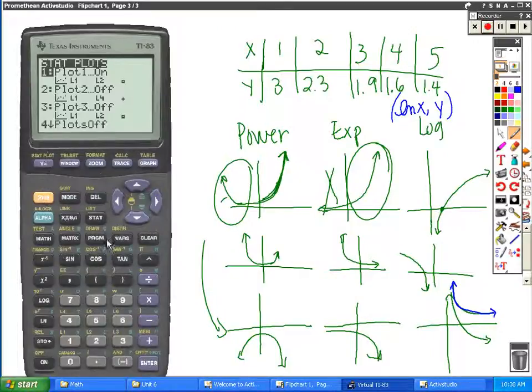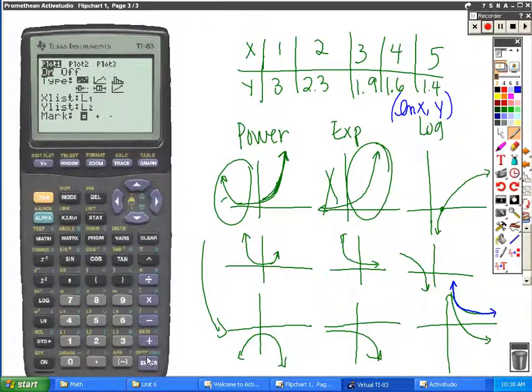So I'm going to go second stat plot. It's on, but I'm dealing with ln x, and ln x is in L3, and my y is in L2. It's already there. So let's look at my graph. Alright, I am a little further out of my window than I need to be, but did I get a straight line here? I did get a straight line. Therefore, I do know that it is logarithmic.